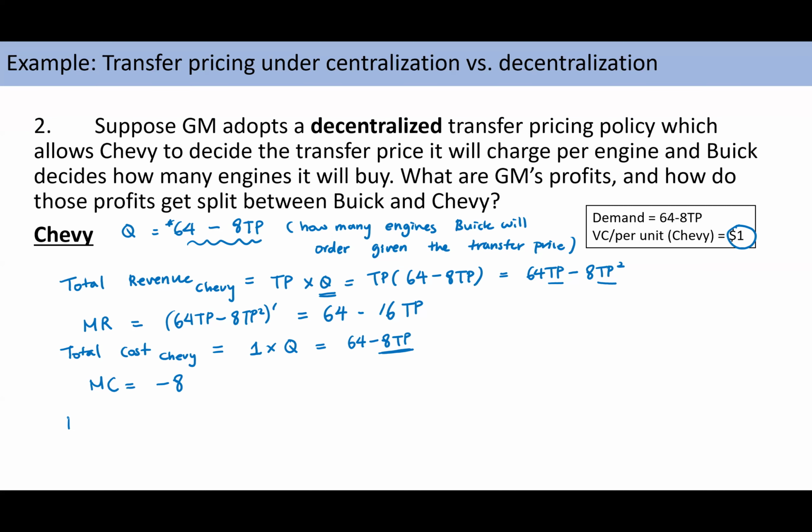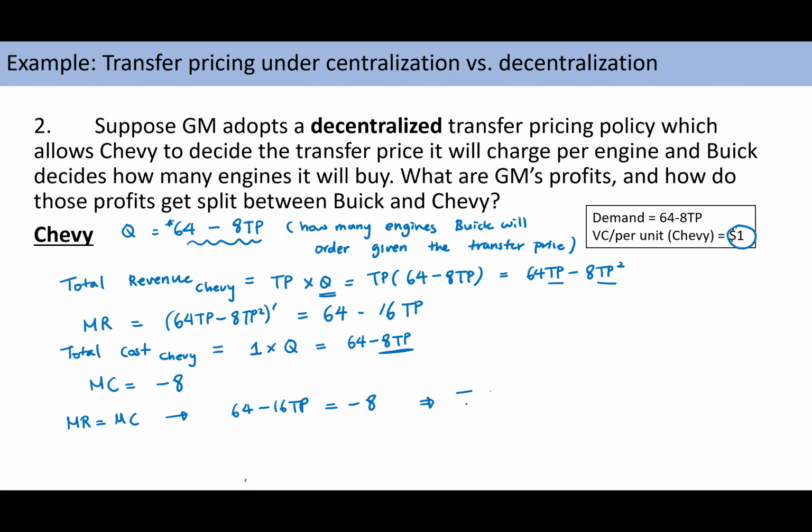So now let's find the point where marginal revenue equals marginal cost for Chevy, because we want to maximize Chevy's profit. So that's 64 minus 16 TP is the marginal revenue function, minus 8 is the marginal cost. We move these around.